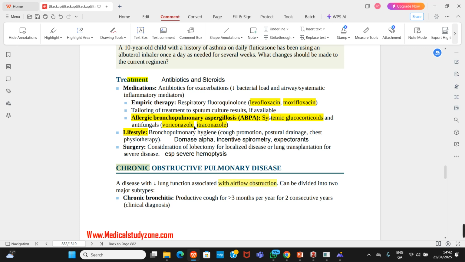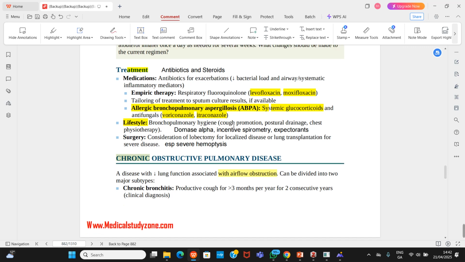to treat ABPA. So you want to encourage some lifestyle changes. Give them incentive spirometry, the device they usually blow into in the hospital to keep the airways open and clear the mucus. You can give expectorants to help liquefy the mucus so that they can take it out.